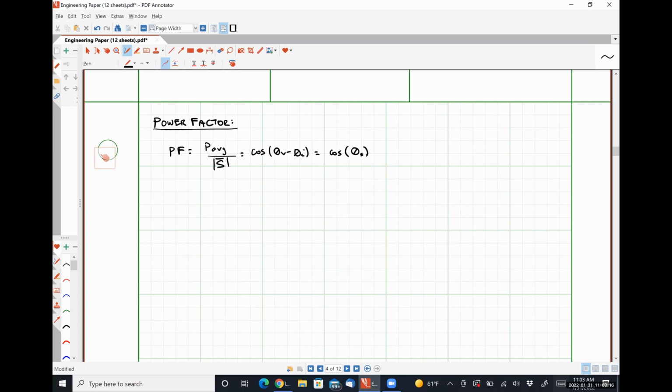When the power factor angle theta s is between 0 degrees and 180 degrees, we say that the power factor is lagging. And so this means that the voltage, or excuse me, the current lags the voltage.